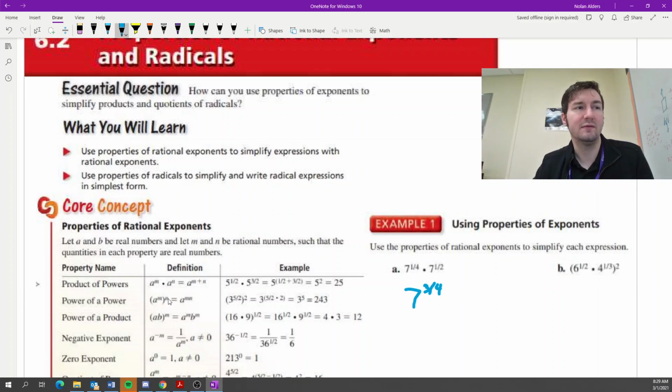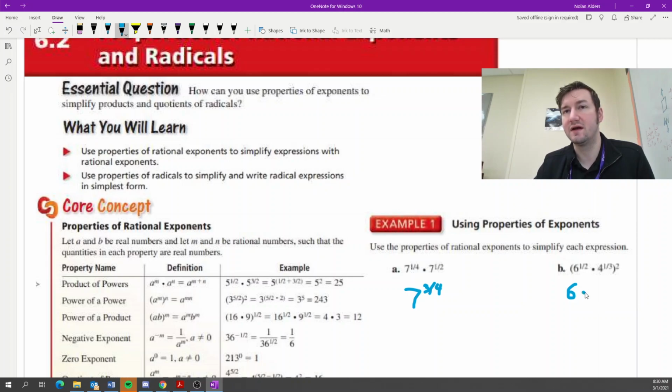Anytime you take a power and raise it to a power, that's called the power of a power, and you multiply the two powers together. So if we do this here, we can take the 1/2 and multiply by 2. 1/2 times 2 is 1. So we'll have 6 to the 1th power, which is just 6. And then 1/3 times 2 is 2/3.